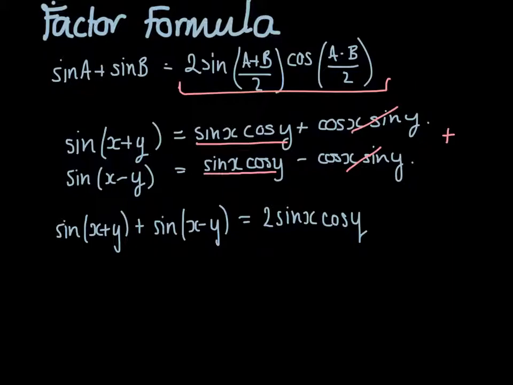Okay, still looks nothing remotely like what I want, except I have my two. I have a sine of something and cos of something else. It is something different because this one's a plus and this one's a minus, so we do want different things here.